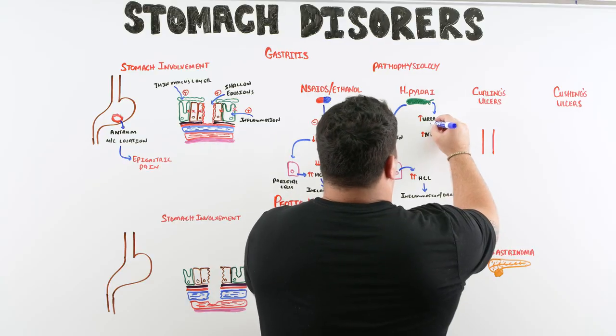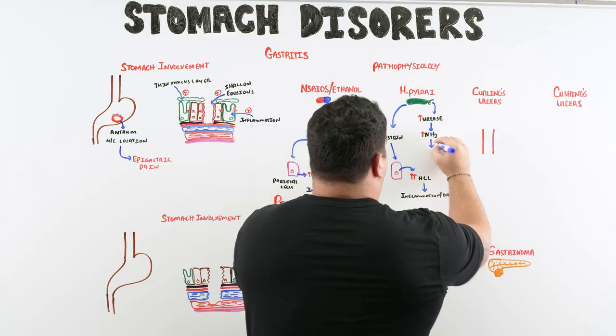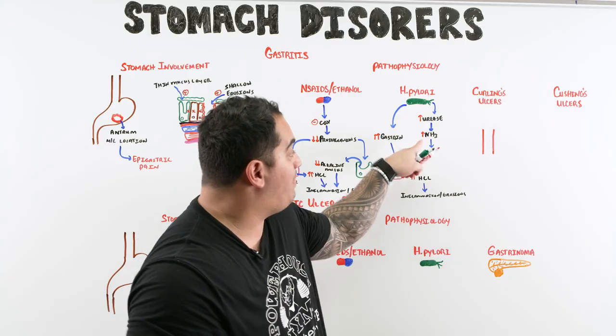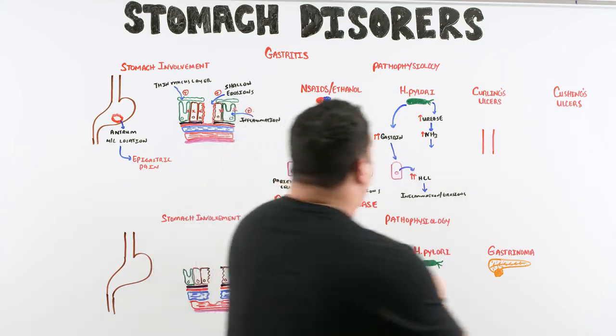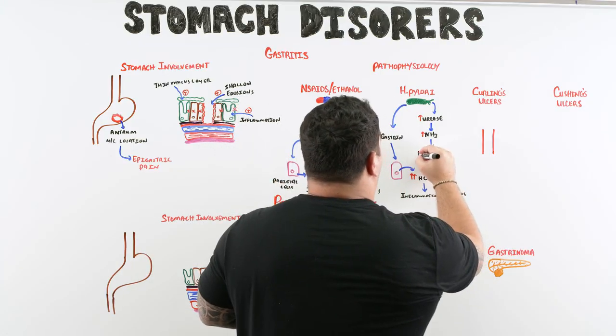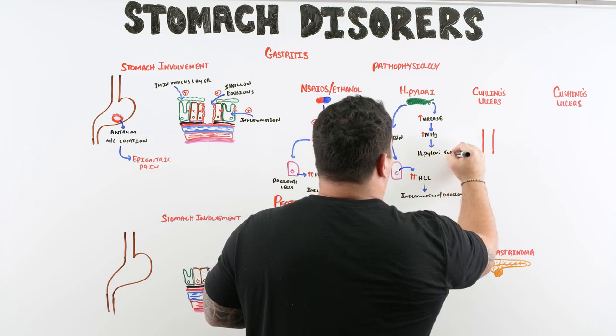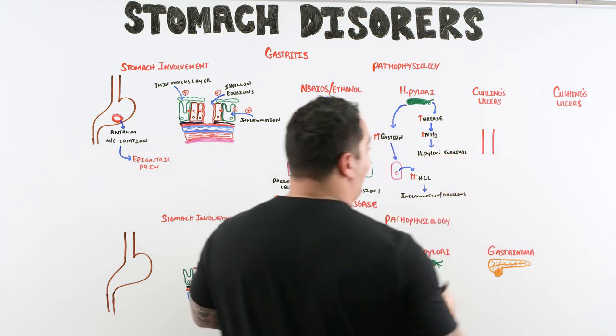When it makes lots of ammonia, the pH of the stomach becomes more alkaline because this is a base. And when you make the pH more alkaline, it increases H. pylori survival. These things can survive longer.